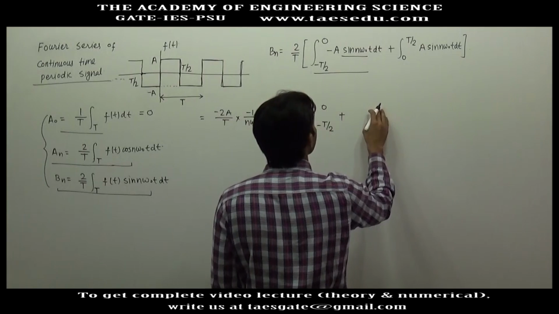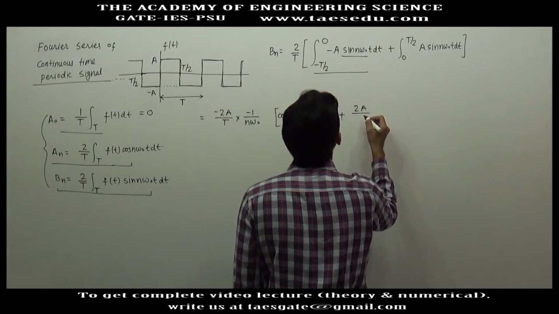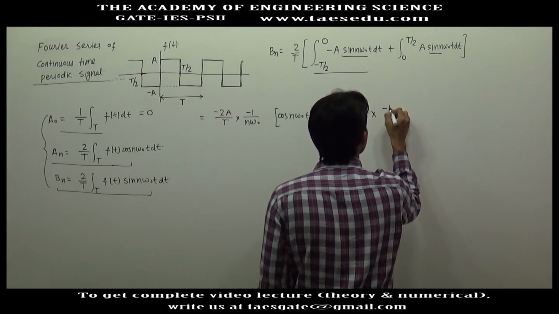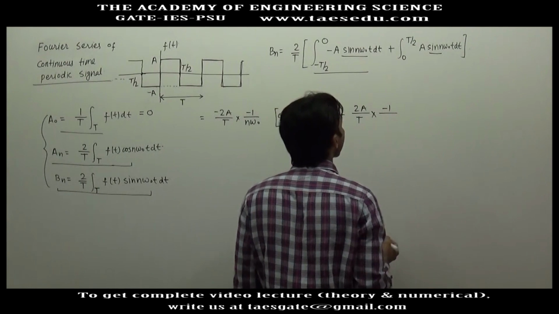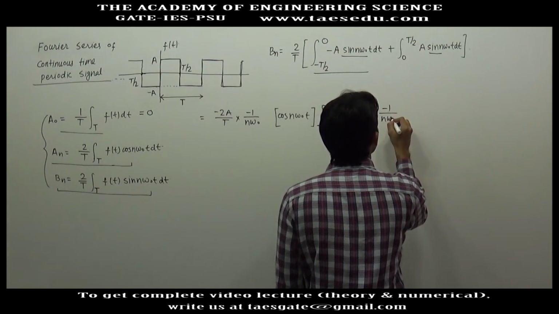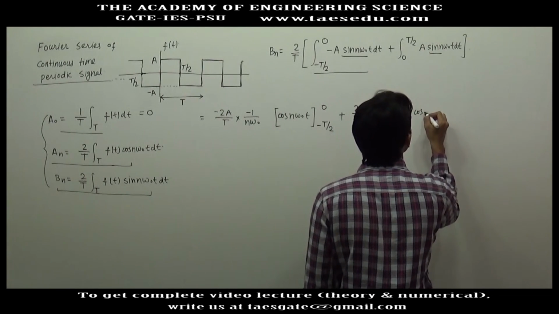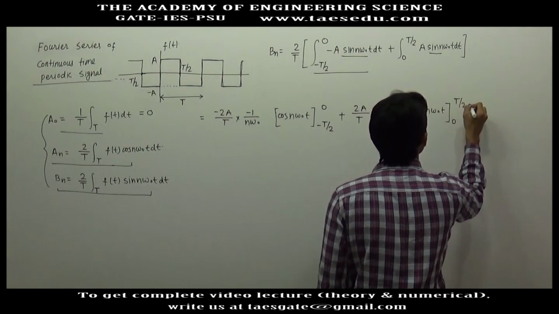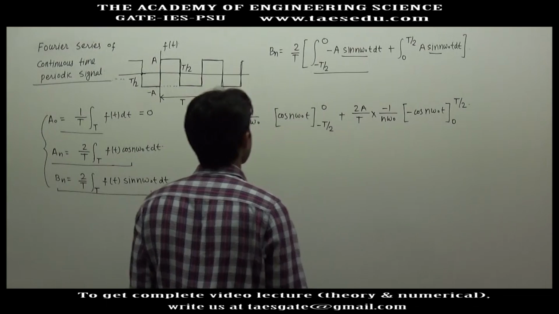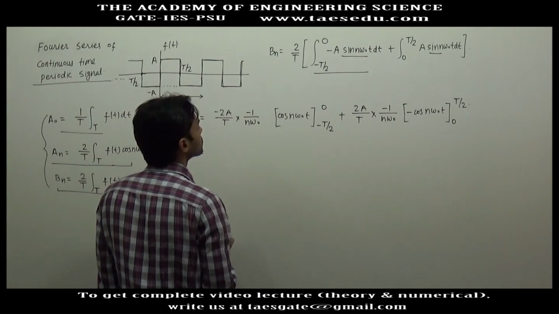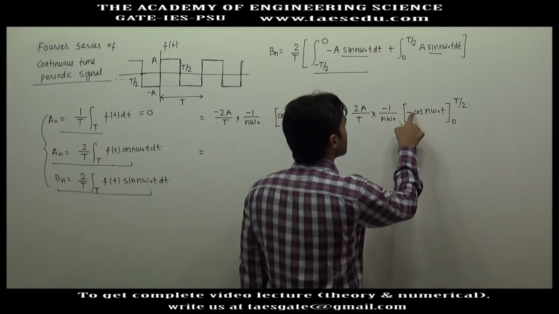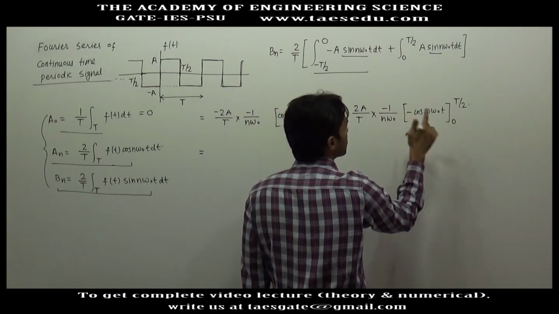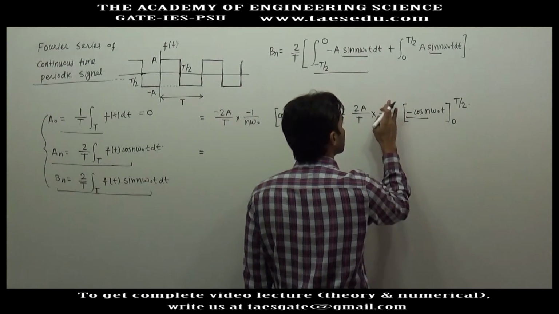Here we will have 2A by T into the integration of sine, which is minus 1 by n omega naught, minus cos n omega naught t, with limit from 0 to capital T by 2. I have already written minus here. For the integration of sine we have minus cos, so this minus will not be repeated here.